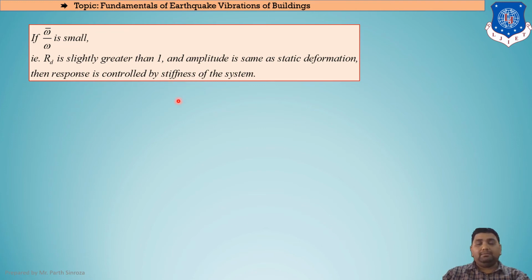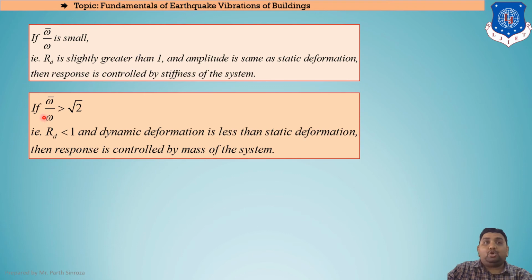Clear? Whereas if the ratio omega dash upon omega, that is r, is greater than under root 2, that is greater than 1.41, then Rd, the magnification factor, is less than 1 and the dynamic deformation is less than the static deformation. In this case, the response is controlled by the mass of the system.